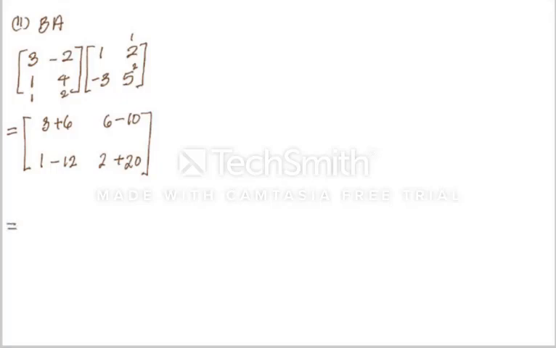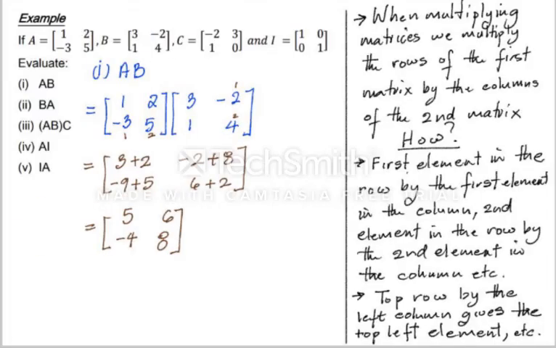So this becomes 9, minus 11, minus 4 and 22. All right. So AB is not equal to BA.